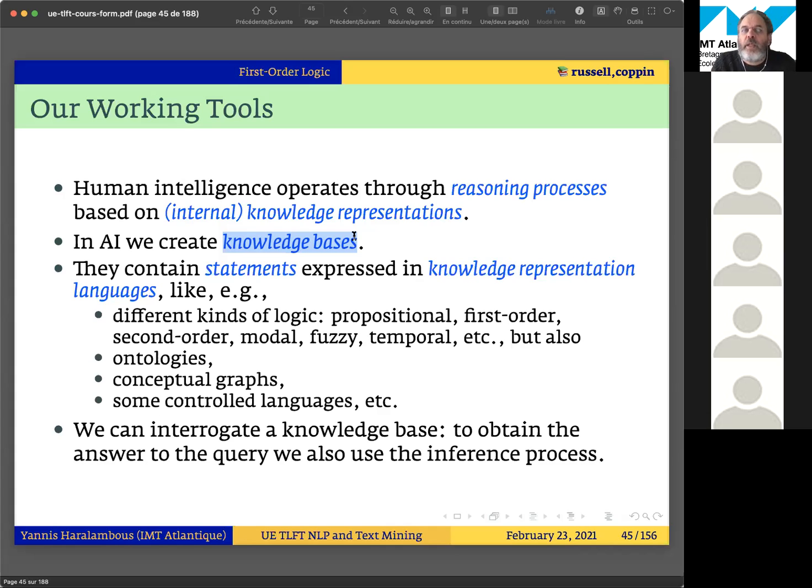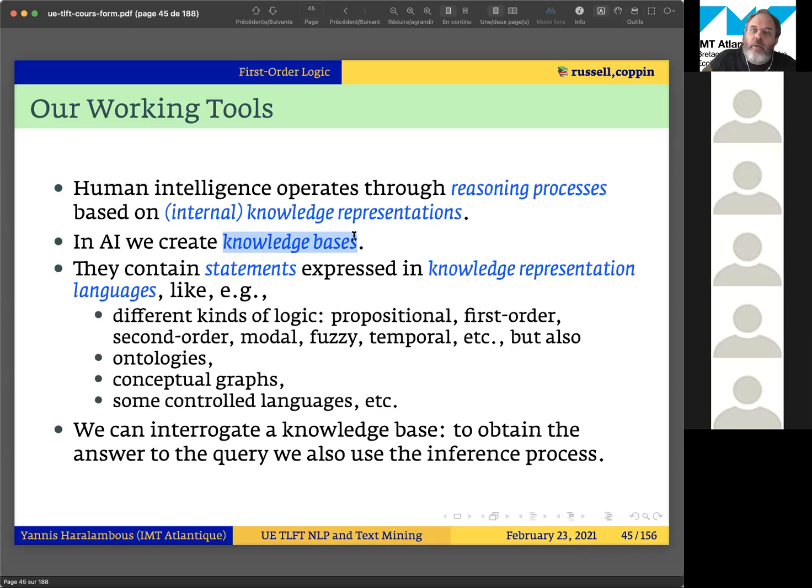The difference between a database and a knowledge base is that a database uses information. So even though it's called a database, it's actually an information base because we know the meaning of each part of the data. You can query a database, but you will always get only the data that is present in the database.